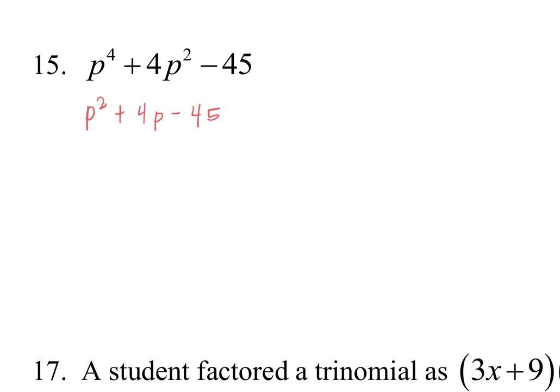Let's write our statement down of we're multiplying to get negative 45, and we're adding to get a positive 4. Since you're multiplying to get a negative, your signs are different. Since you're adding to get a positive 4, your larger number is positive.